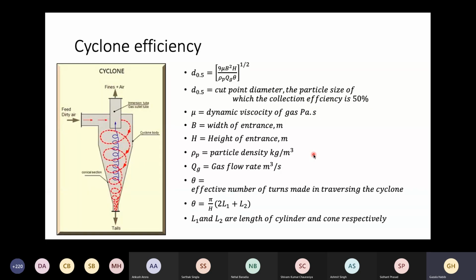So here d50 can be calculated using this formula for a cyclone. For example, if I know from a source, say a brick kiln, there is a size distribution of the particles, and the size varies from 10 nanometer to say 2.5 micrometer or 3 micrometer.